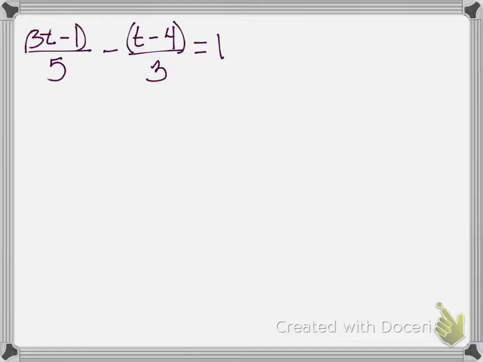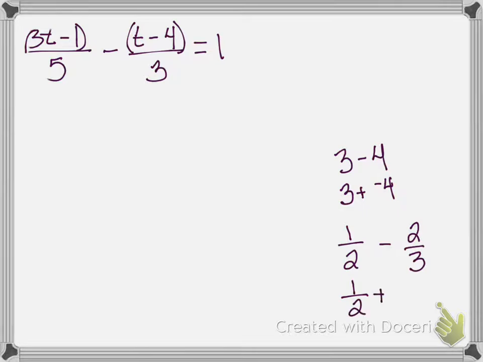But do you see that minus sign? If I had 3 minus 4, could I rewrite that as 3 plus negative 4? Yes, they are the same thing. If I had 1/2 minus 2/3, could I rewrite that as 1/2 plus negative 2/3?